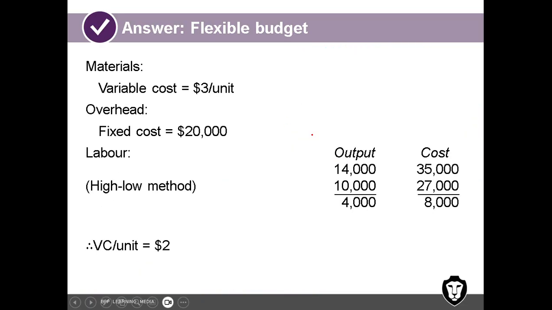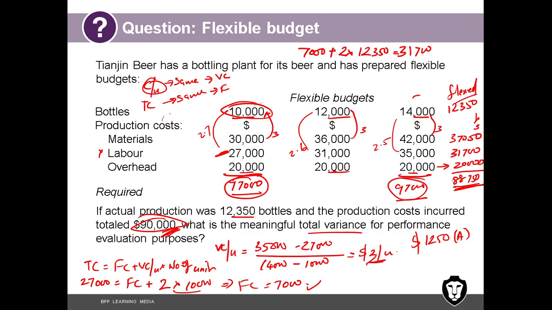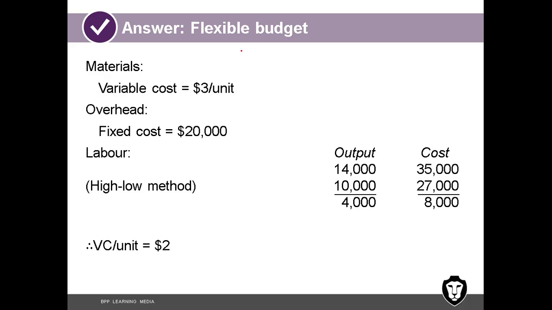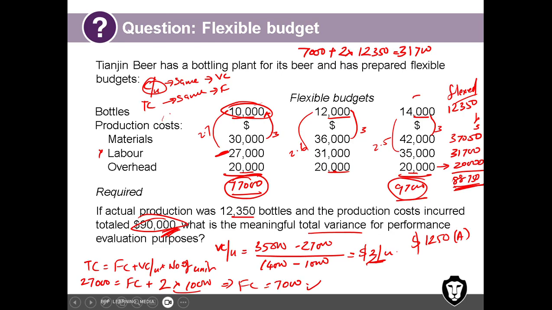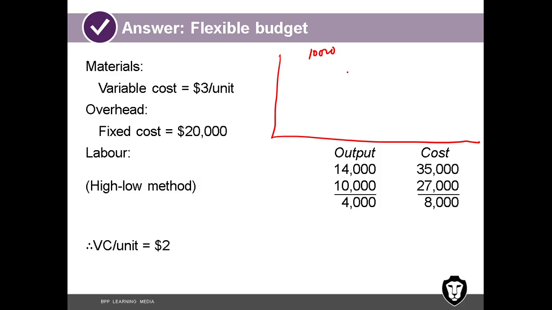Let's take some space. Okay, I'll do it here. Look here. 10,000 units, the cost is 77,000.